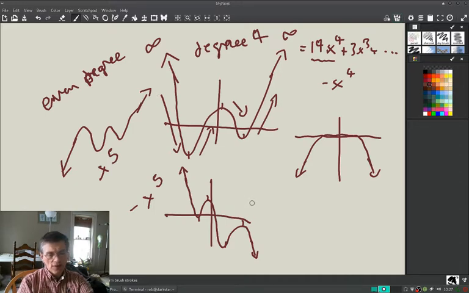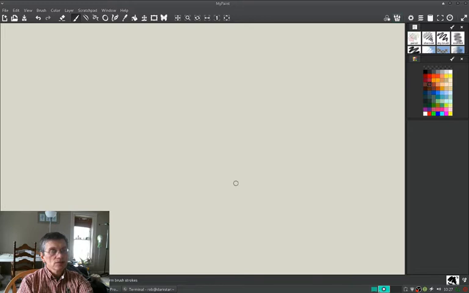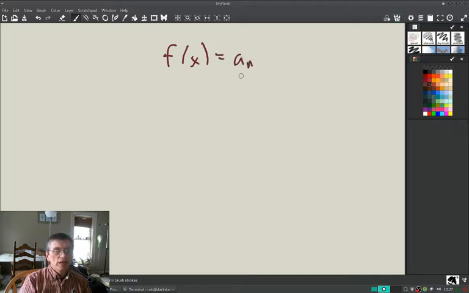Alright, one other thing. Sometimes polynomials will not be written in this nice form of a sub n, like 3 x to the n. n could be 4 here.